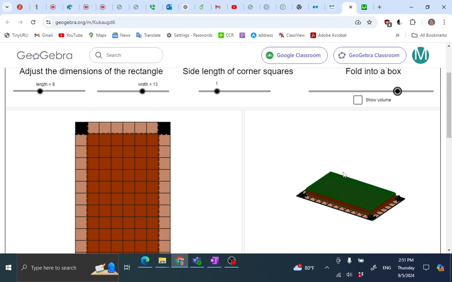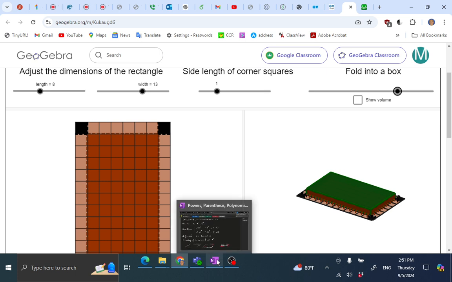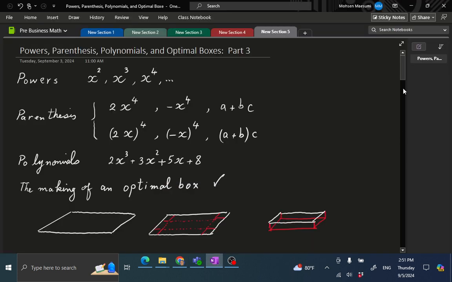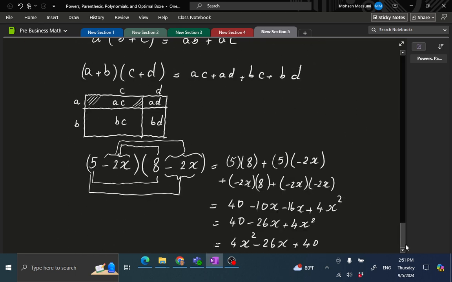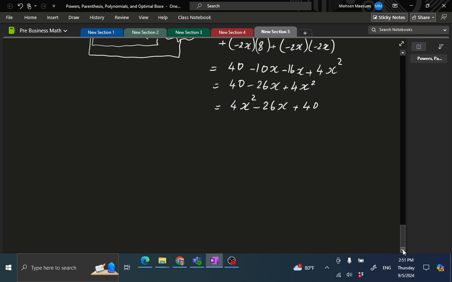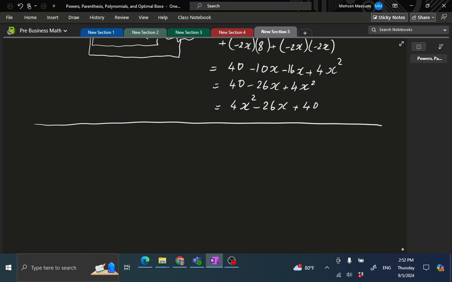Okay, what does this issue have to do with polynomials? Let's go back and get started on this problem. So we learned all this stuff about polynomials, and now the next level is putting all of this to some good use and seeing what we can do with it.